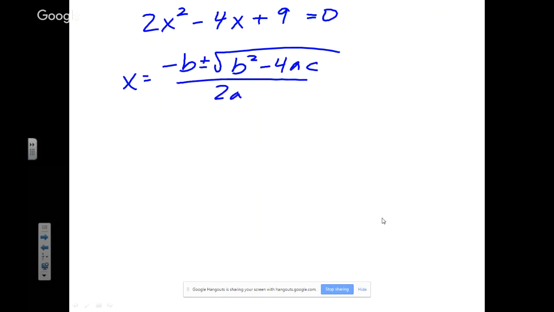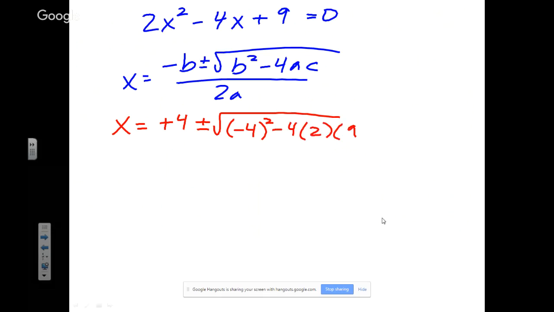So let's try it. X equals negative 4. So I change that to a positive. Plus or minus square root of negative 4 squared minus 4ac all over 2a. I don't ever expect you to have that memorized. I don't ask that, but I think I ask you to use it so much that you know it, maybe.